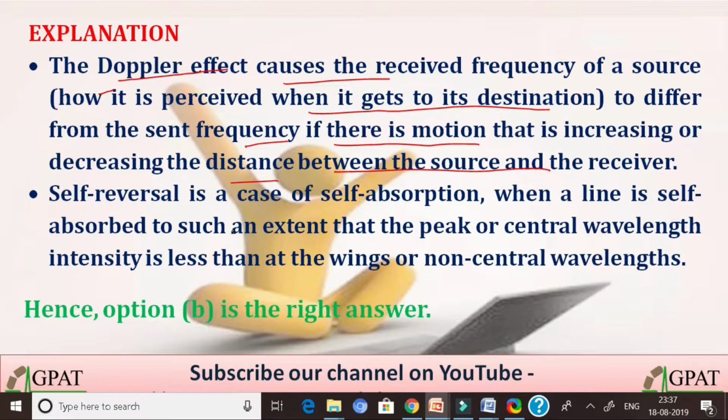And self-reversal is a case of self-absorption, when a line is self-absorbed to such an extent that the peak or central wavelength intensity is less than at the wings. So at last, option B is the correct answer. Students, try to note down these terms because sometimes the question may also ask from these portions.